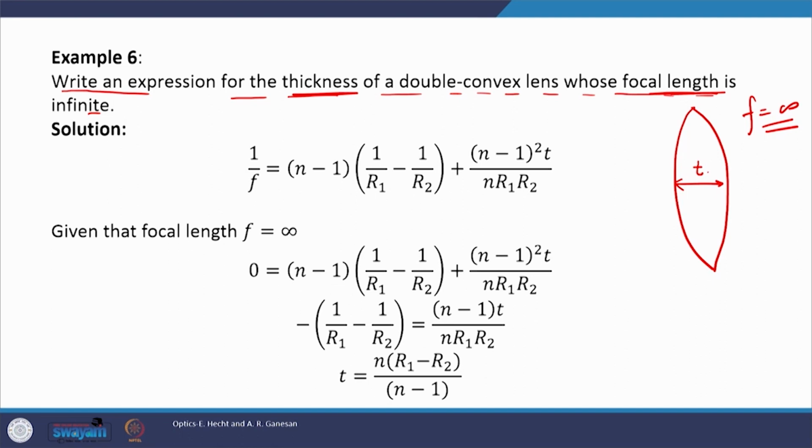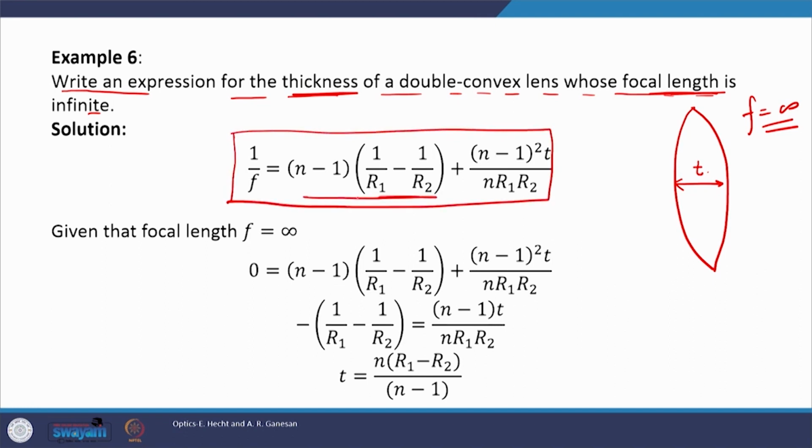Therefore, we will apply the formula for the focal length of a thick lens. This is the usual formula, and there is an additive term due to the finite thickness; for a thick lens we add this term.